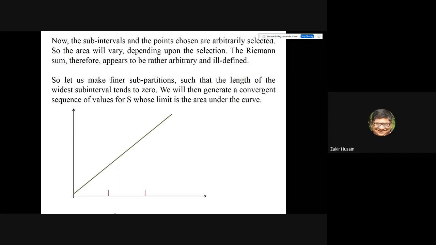So what we do is we reduce the subinterval, we bring it over here. And what is the limiting case? The limiting case is delta I tends to 0. So what we are going to have is something like this. This is the length. The length is almost 0, do you understand?